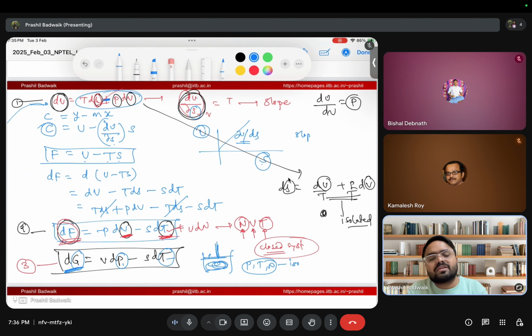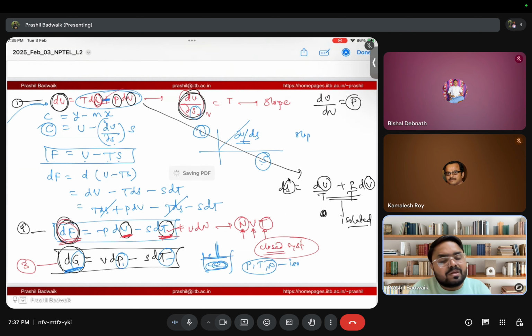So depending on whether you have a closed system, an open system, or any other system, you can calculate the free energy. This is Helmholtz free energy or Gibbs free energy or entropy, correct, which will tell you the feasibility of any process. So now onwards, if somebody is asking for an isolated system, what is the free energy?